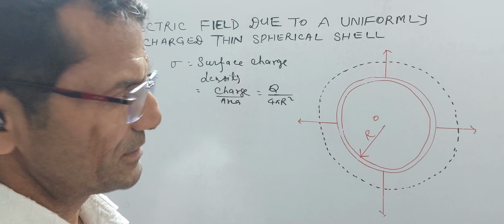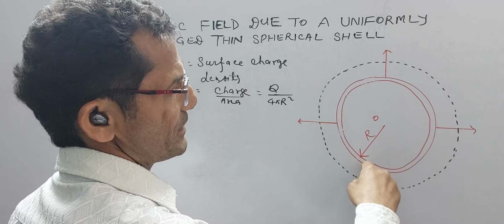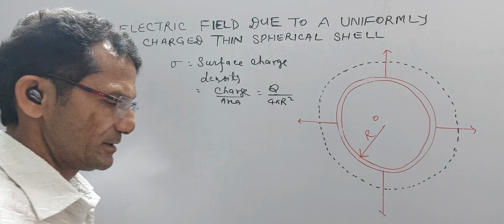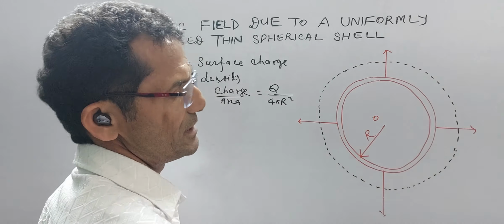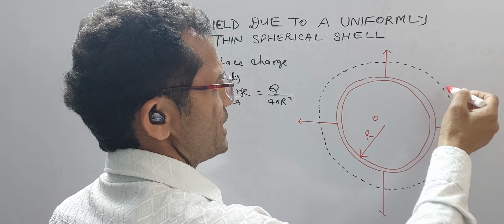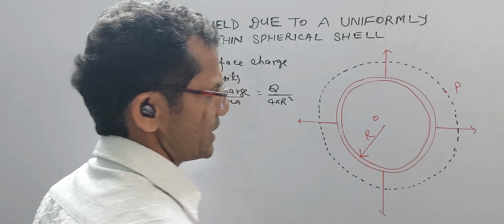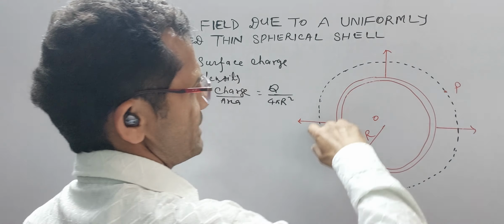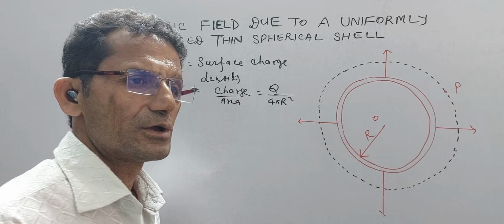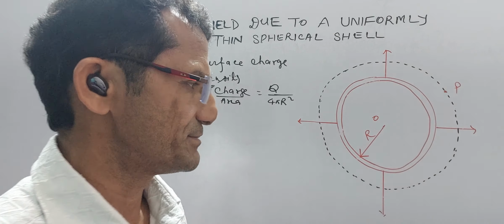So we have to find out what the electric field will be inside the shell and outside the shell. Let us suppose we calculate the electric field at some outer region, at point P, where we need to calculate the field. We have taken a symmetrical Gaussian surface in spherical shape.